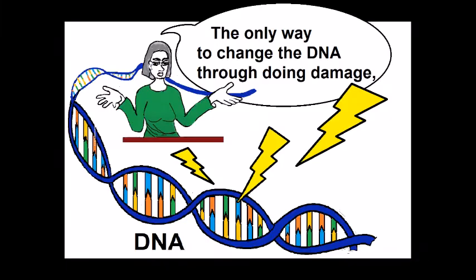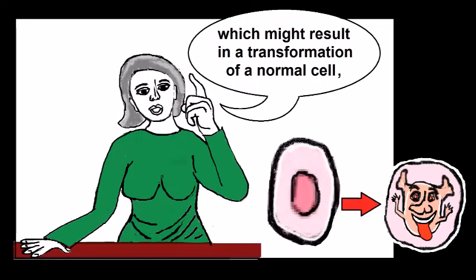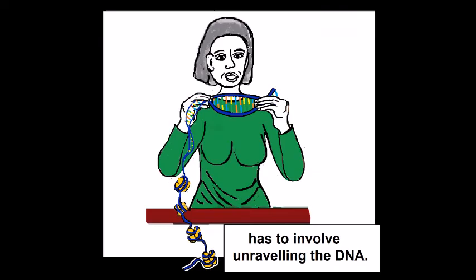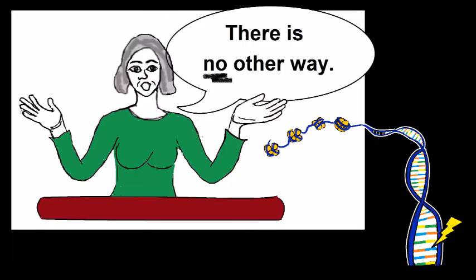The only way to change the DNA through doing damage, which might result in a transformation of a normal cell, has to involve unraveling the DNA. There is no other way.